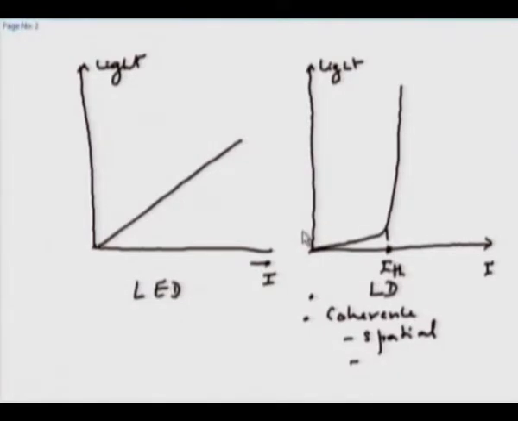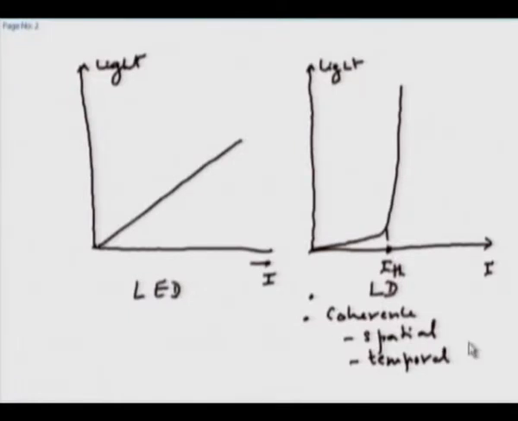Here, because of stimulated emission, the light is extremely focused. We are very familiar with the pointer, but in a pointer you also have a lens inside. You have another type of coherence which is called temporal coherence.